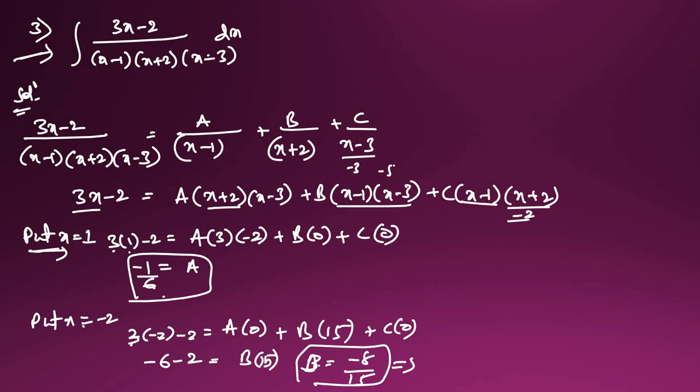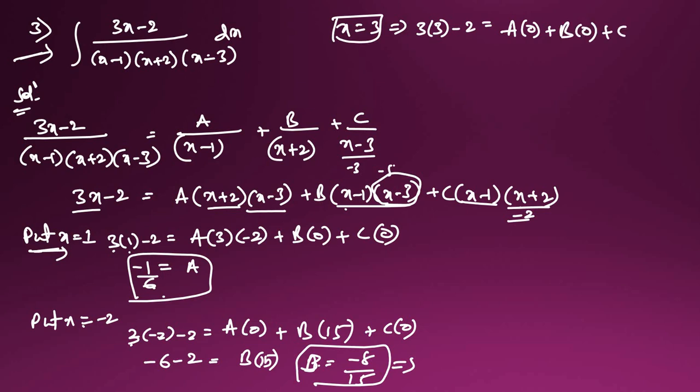So 3 into 3 minus 2 is equal to a into 0, plus b into 0, plus c into (3 minus 2)(3 plus 2), which is 1 into 5. So 9 minus 2 is 7, and c into 5 gives 5c, so c is equal to 7 by 5 will come here.